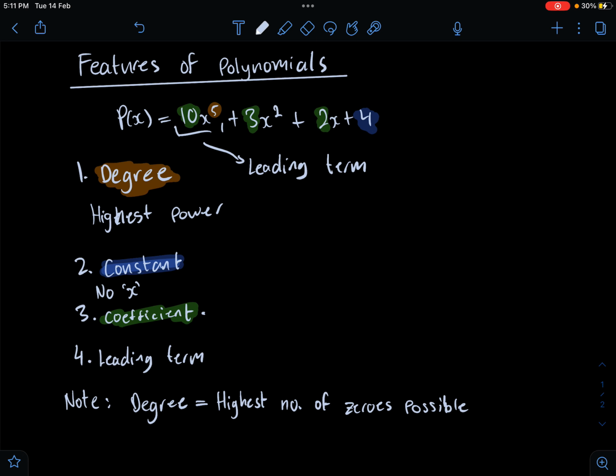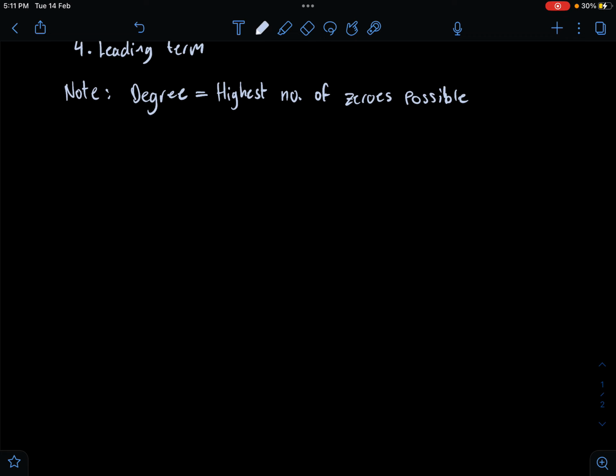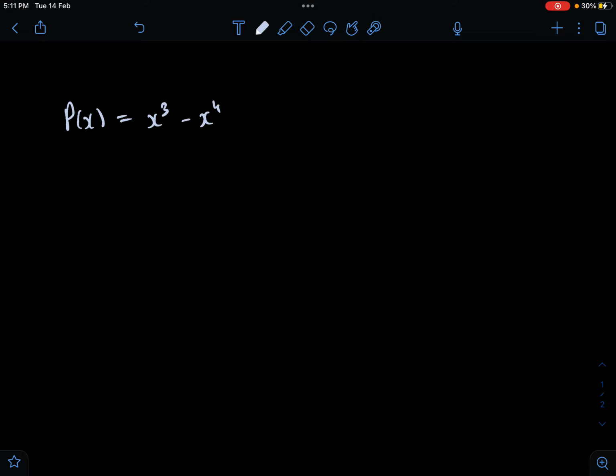Alright, so there's just some terminology, nice and quickly, and we might just have a practice here, just one example, quickly. So p of x equals x to the 3 minus x to the 4 plus 6x squared.